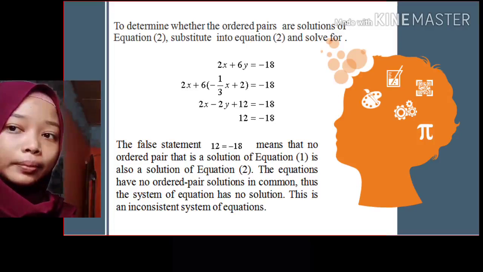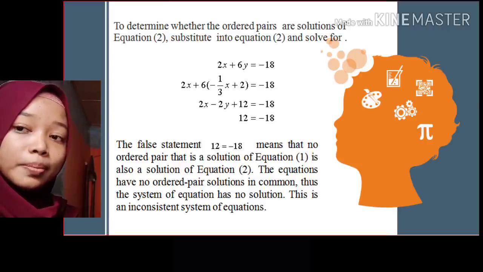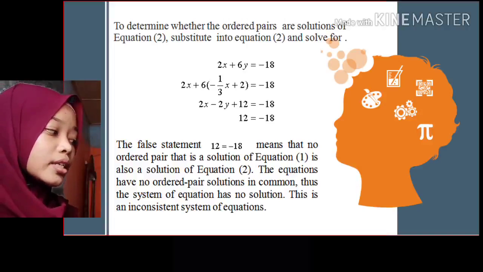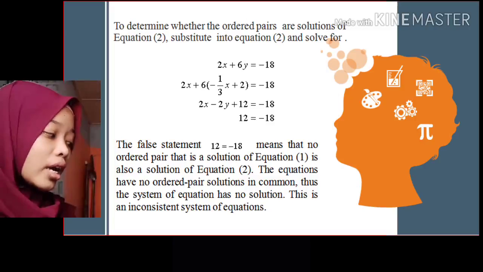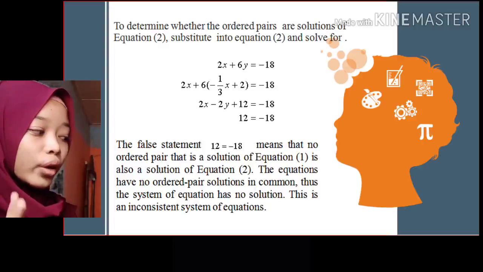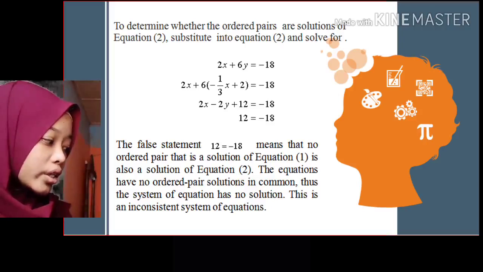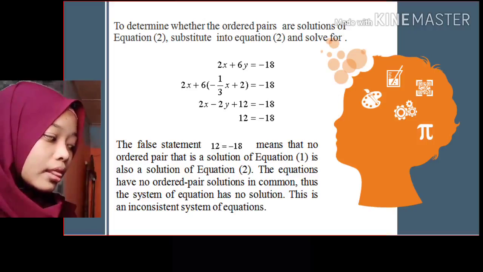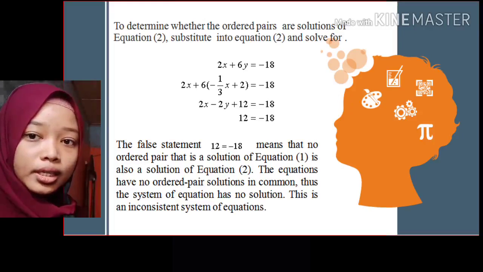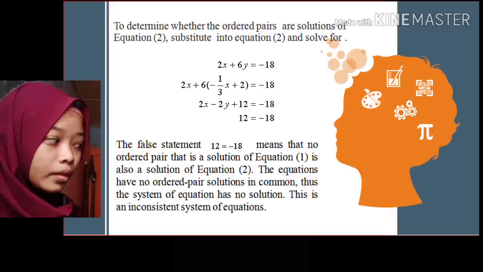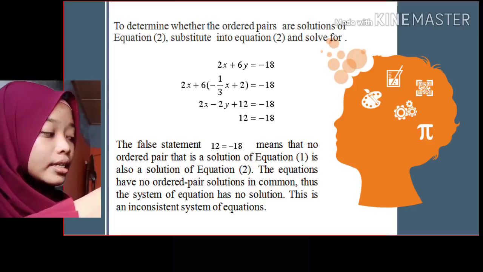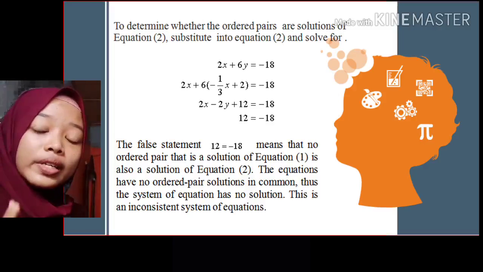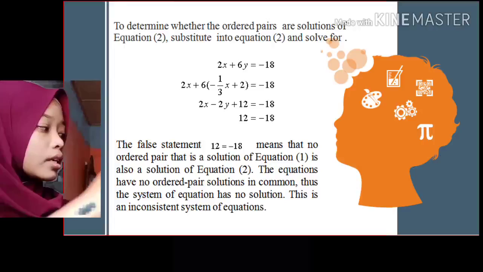The false statement 12 equals minus 18 means that no ordered pair that is a solution of equation 1 is also a solution of equation 2. The equations have no ordered pair solutions in common. Thus, the system of equations has no solution. This is an inconsistent system of equations because there is no solution of equations.